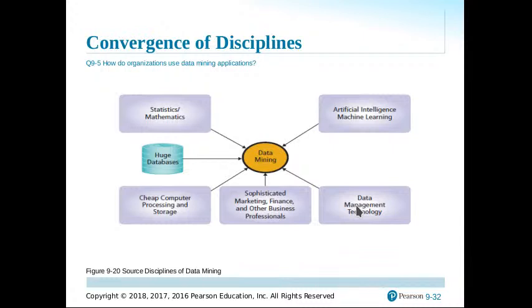That means data mining is a combination of many different disciplines, including computer science, statistics, and mathematics, and also management science as well, right? So that makes data mining very powerful and useful.